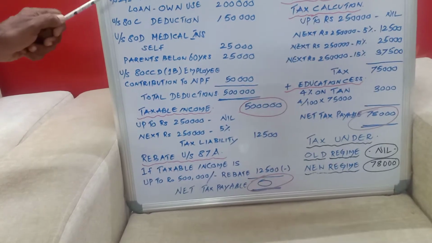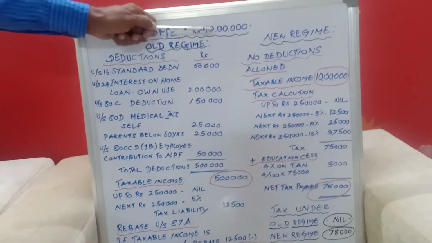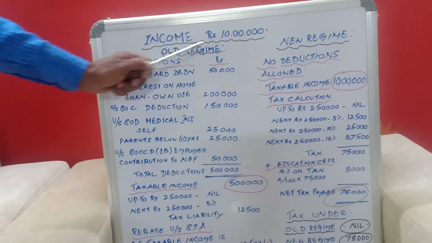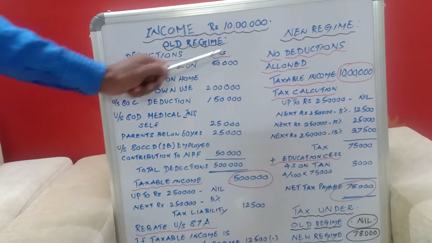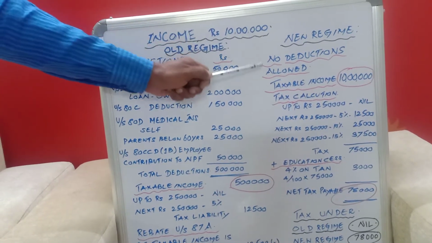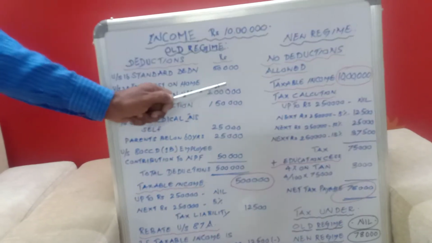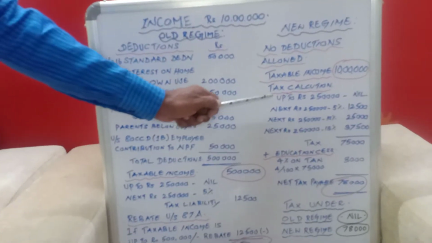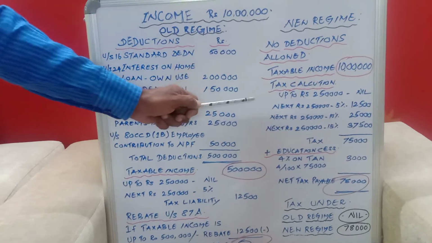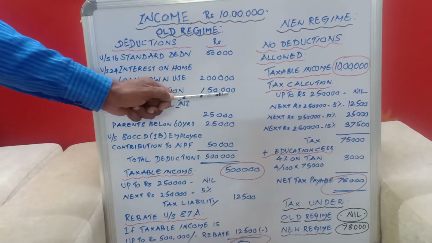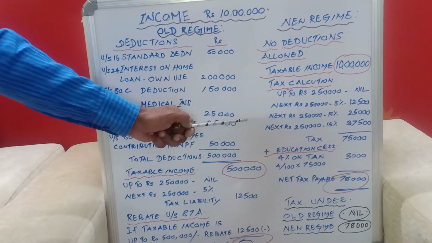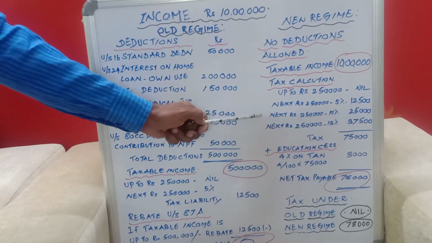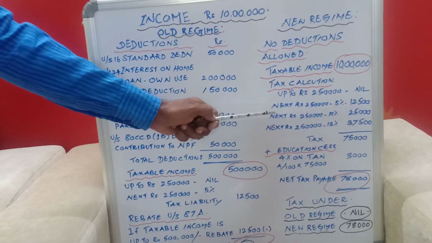In the same example, in the new regime, no deductions are allowed. So the taxable income is the same 10 lakhs. Tax calculation: up to 2,50,000 nil, next 2,50,000 at 5%, 12,500, next 2,50,000 at 10%, 25,000, next 2,50,000 at 15%, that comes to 37,500.